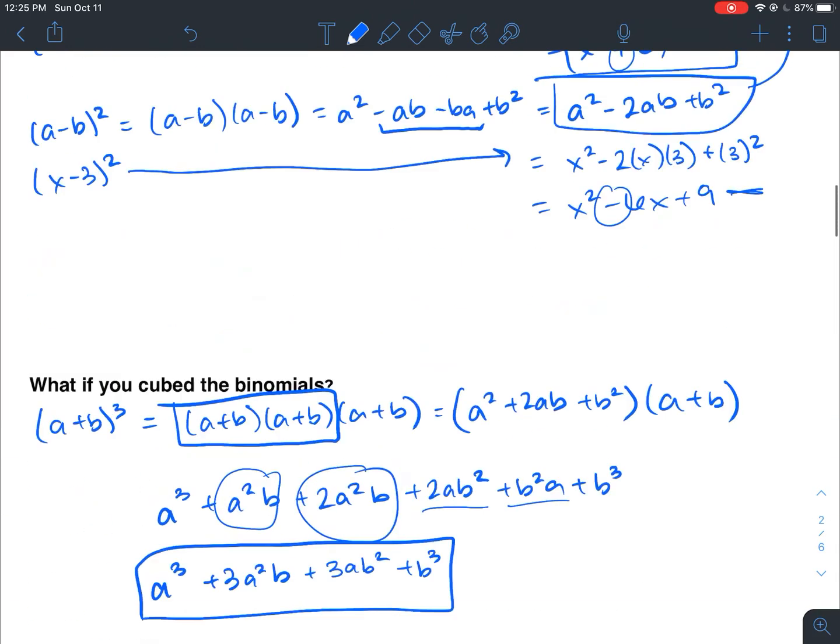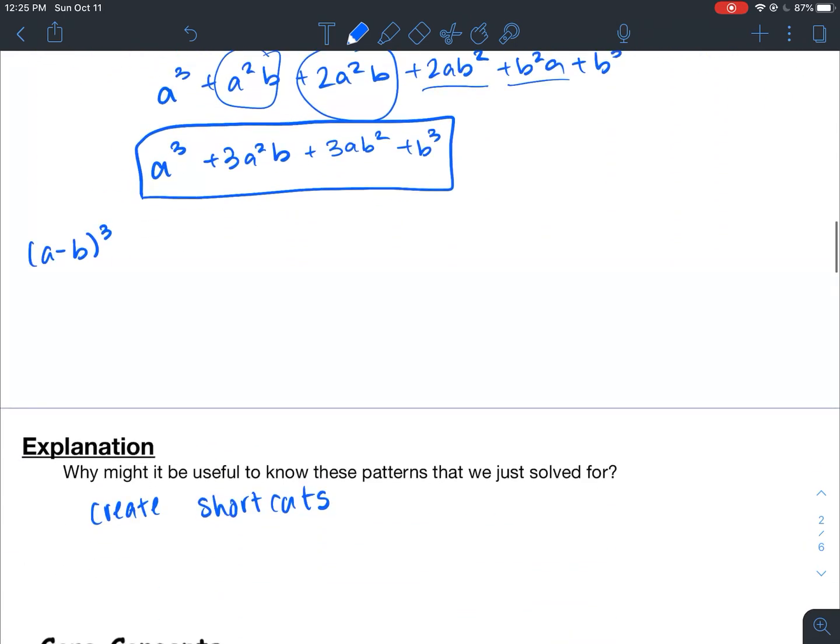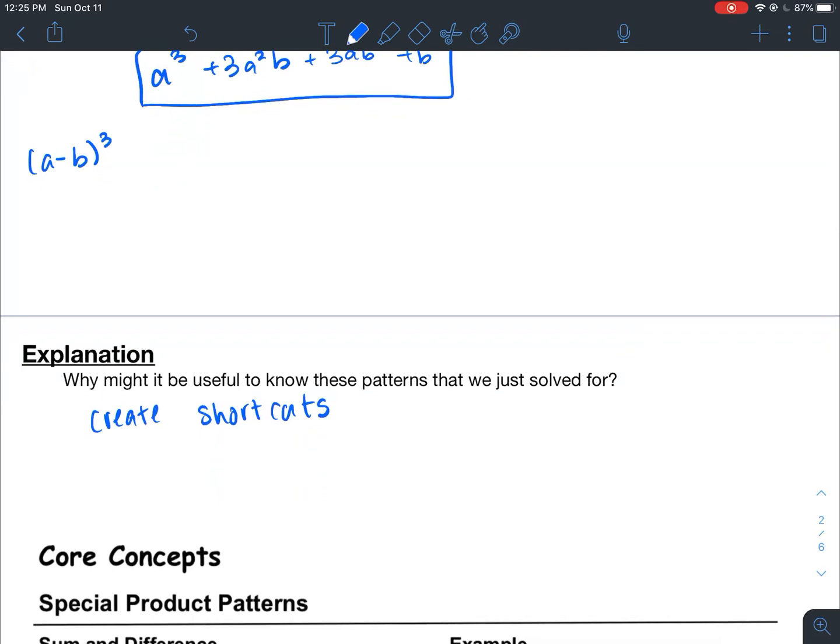Just like what we did up here, we were able to bypass the multiplication part and then just plug in what we have. So we can create shortcuts, save time, skip past multiplication.